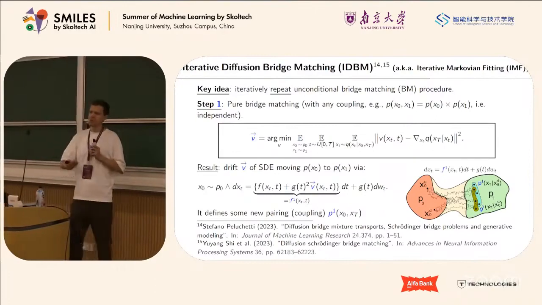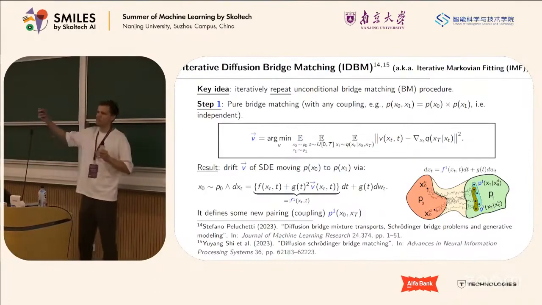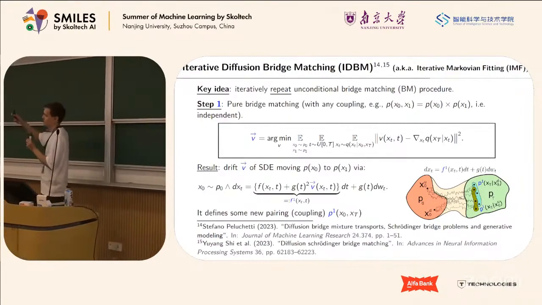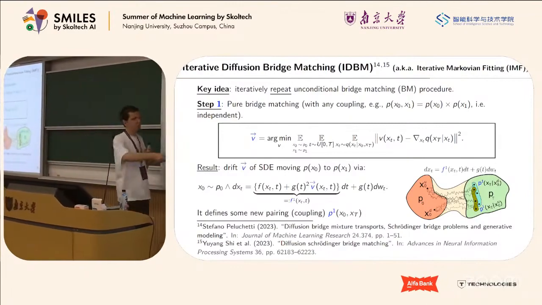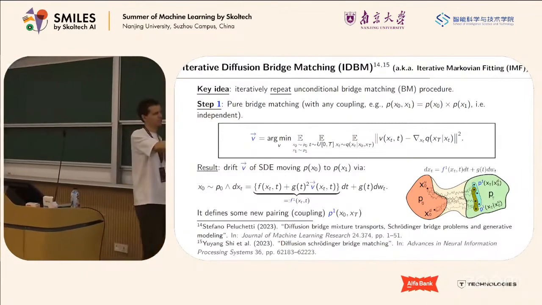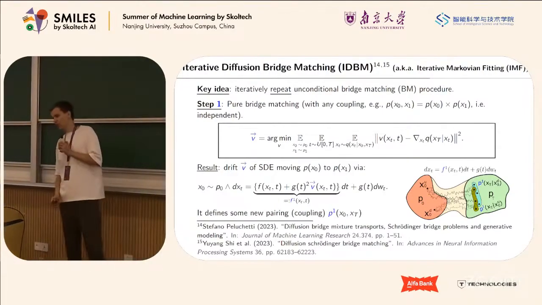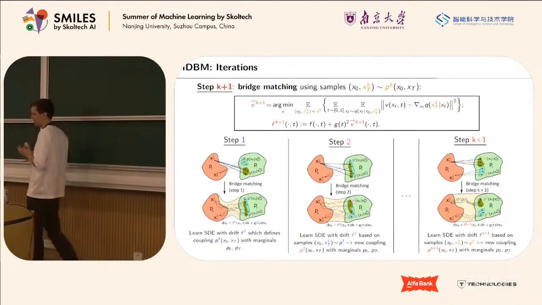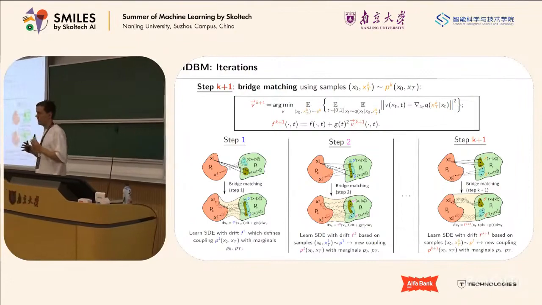This is very similar to what we have in flow matching. When we learn flow matching, we obtain some transport from P0 to PT, but it is deterministic. In this case, it is stochastic because it is a diffusion bridge, so for each point you have some corresponding distribution. What we can do next is exactly the same thing as was done with rectified flows.